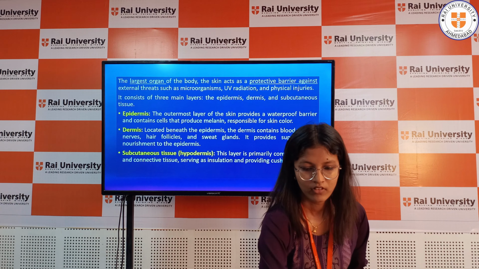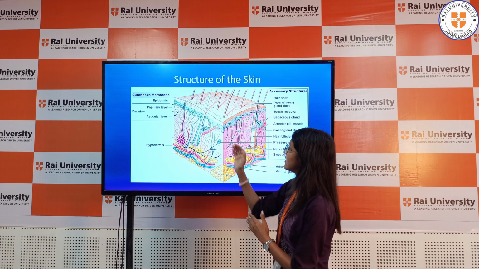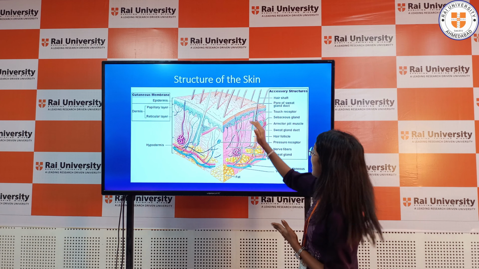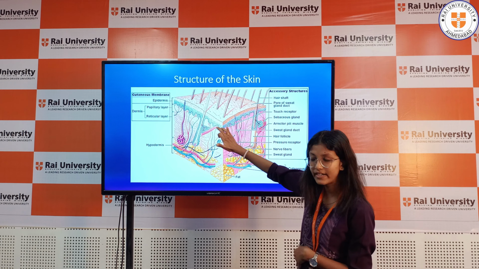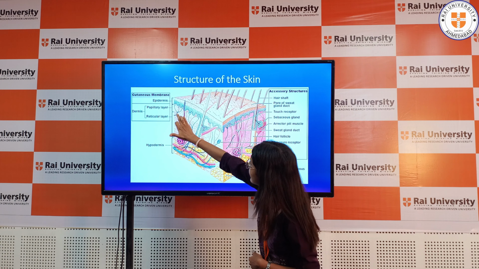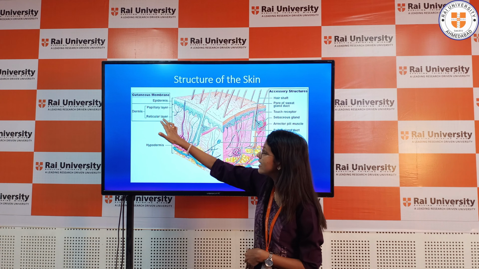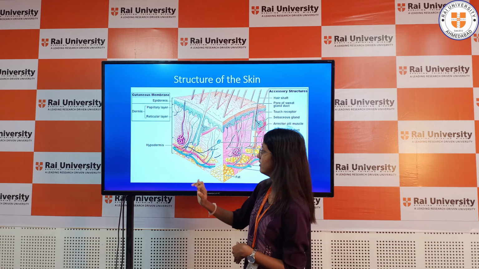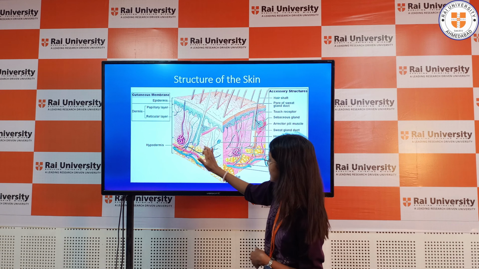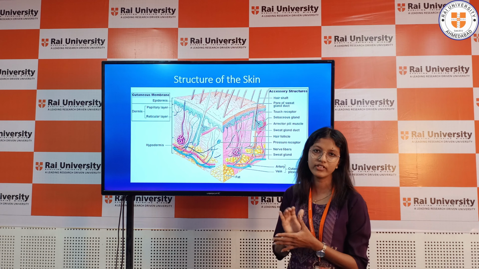Next, here we can see the structure of the skin. The outer layer you can see is our epidermis, and here we can see the dermis. Dermis again has two layers, papillary and reticular layer. And hypodermis you can see, the deepest layer of our skin.